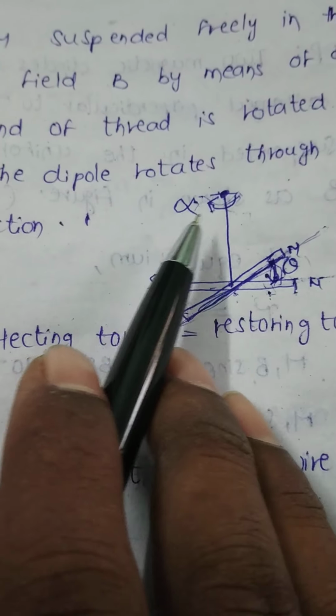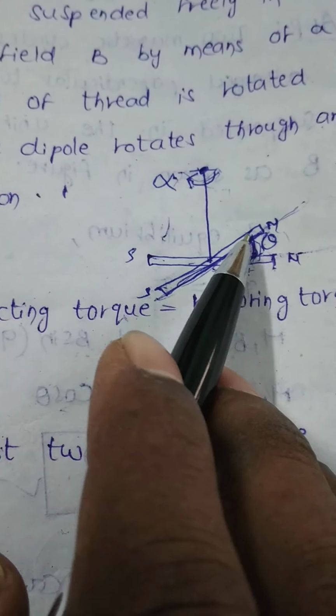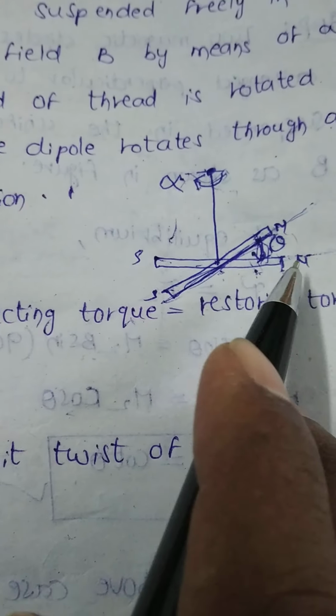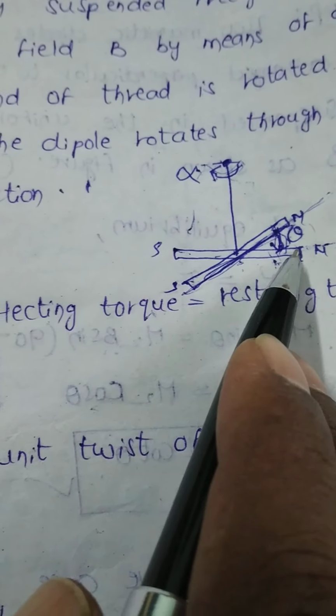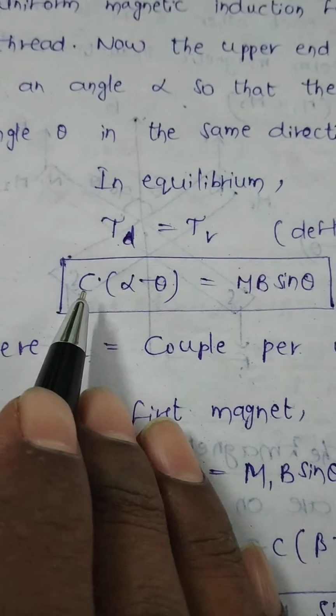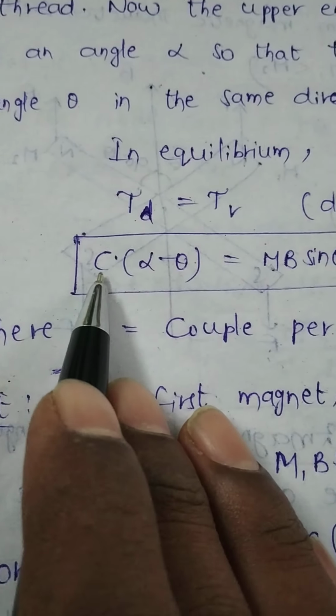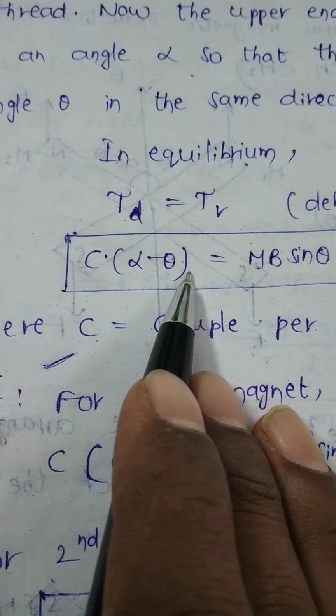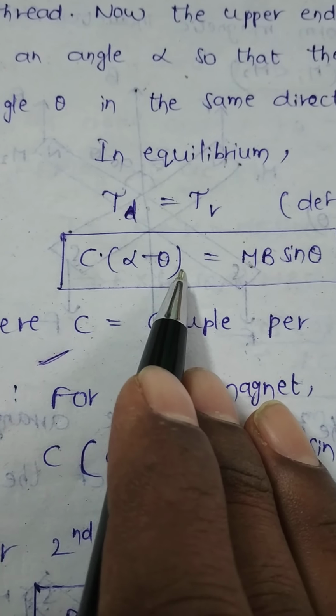In the previous example, here it is 60 and the magnet rotates through an angle of 40. The net twist in the wire is alpha minus theta, that means 60 minus 40 is equal to 20. So that's why we have C into alpha minus theta. C is the couple per unit twist, and alpha minus theta is the total twist in the wire.